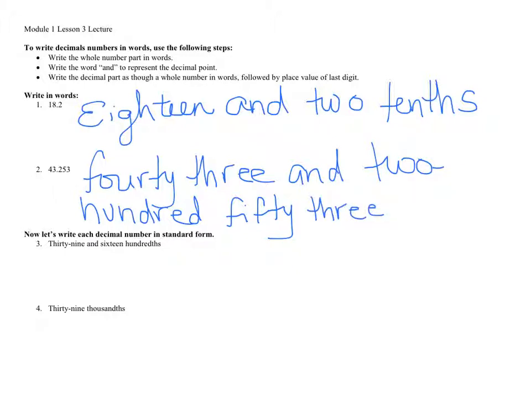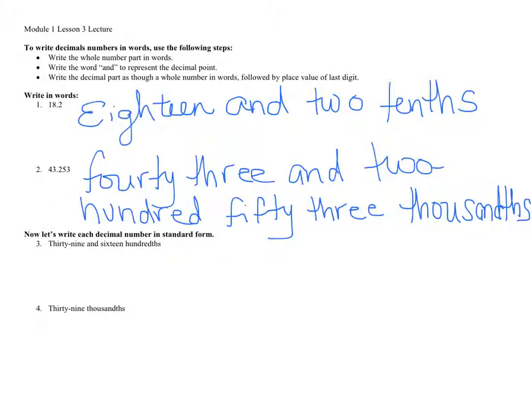Now I need to write the place value of that 3 at the end. So that 3 is in the third place over, the 2 is the tenths, the 5 is the hundredths, the 3 is the thousandths, so I'll end my word with thousandths. So altogether, this is 43 and 253 thousandths.